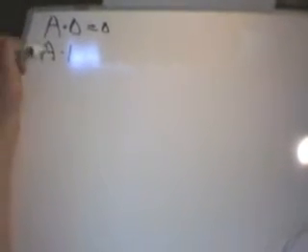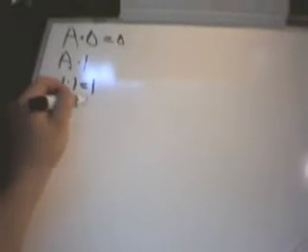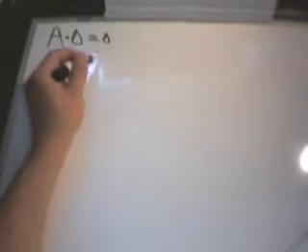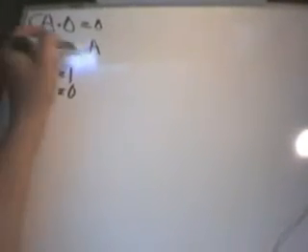A and 1. Well, if we think about it, when A is equal to 1, we get 1 and 1, which is simply equal to 1. And when A is equal to 0, we get 0 and 1, which we know is equal to 0. So this operates exactly the same as just A. So A and 1 is equal to A. So those are two properties. They're very basic, but you want to keep them in mind.